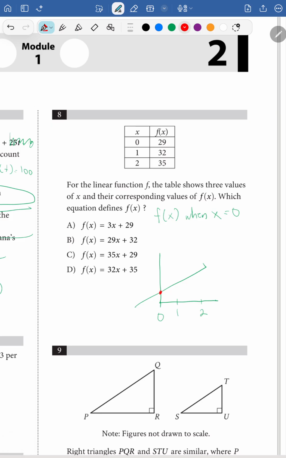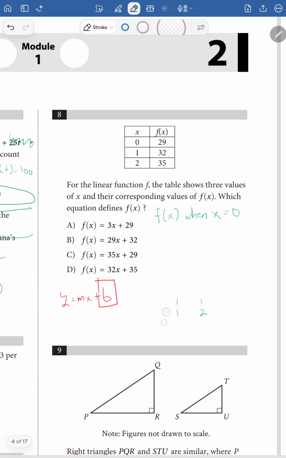So it's intercepting the y-axis, and that gets you in the equation y equals mx plus b. b is your y-intercept. So now let's go back to the question.